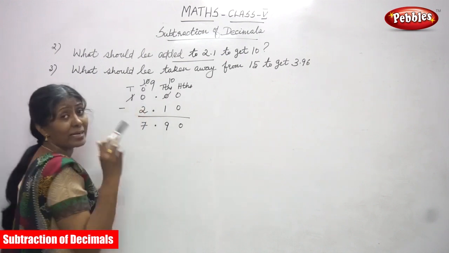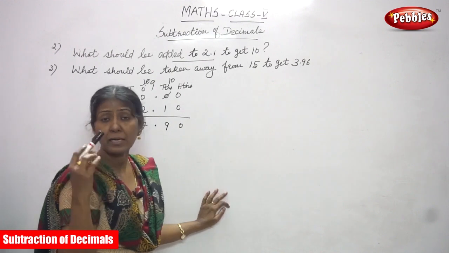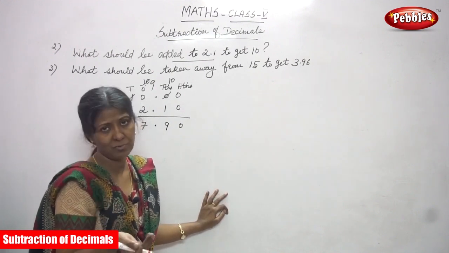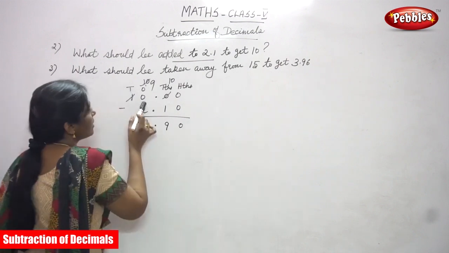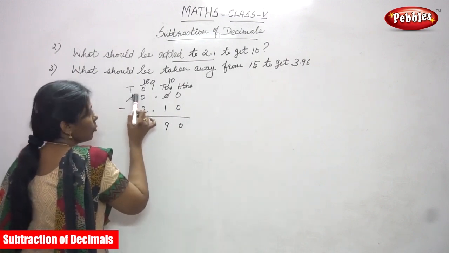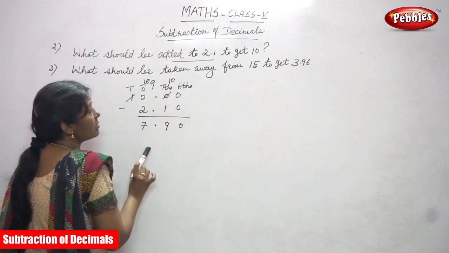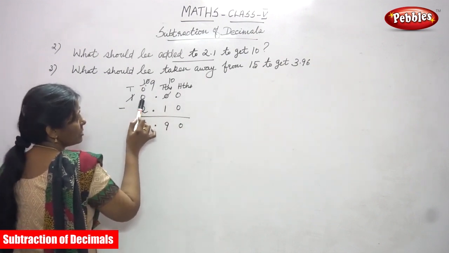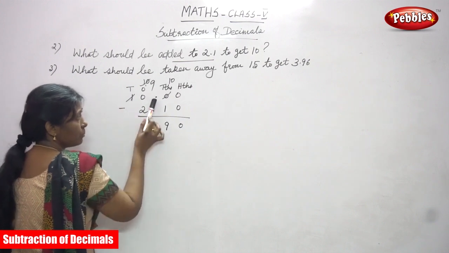First we have to write all the numbers according to the place value. So 10 is 0 in the 1's place and 1 in the 10's place. Then put a point.